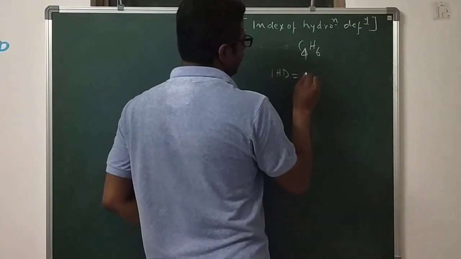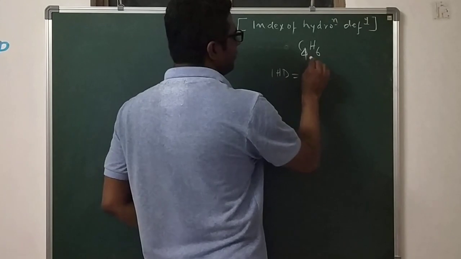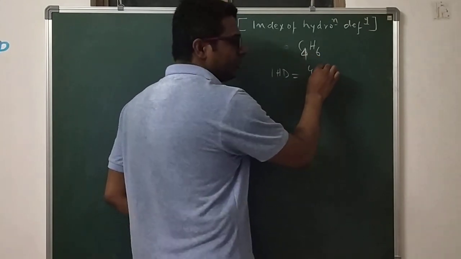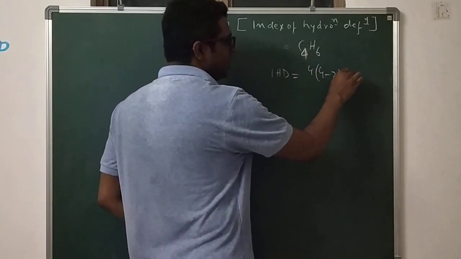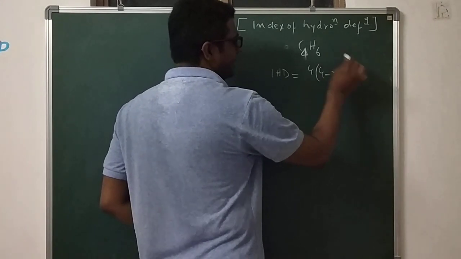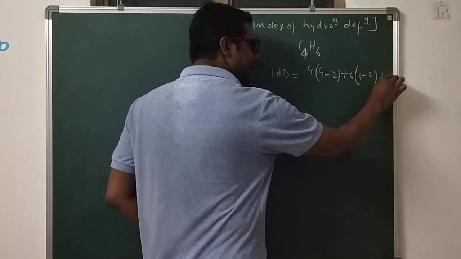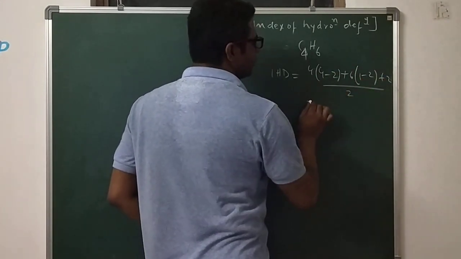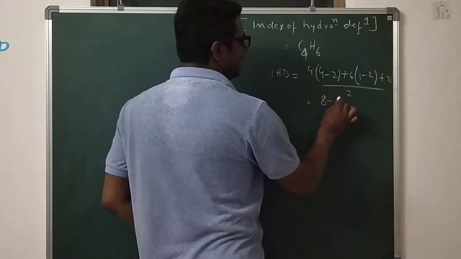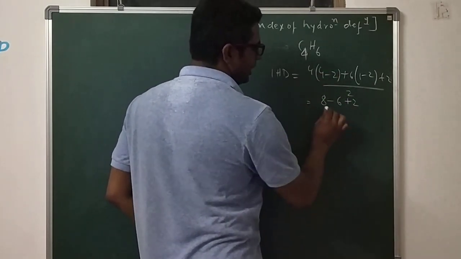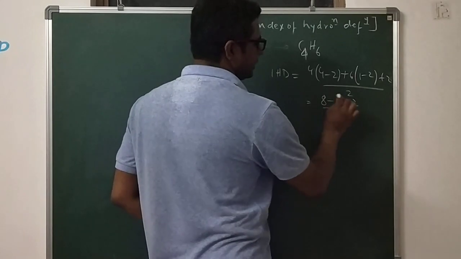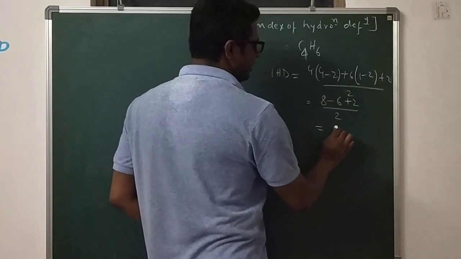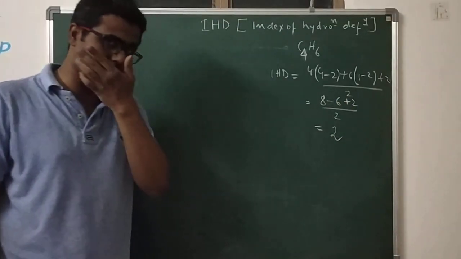What is the IHD value coming? 4 atoms of carbon into what is the valency, 4 minus 2, plus 6 atoms of hydrogen, 1 minus 2, plus 2, divided by 2. So 4 2s are 8 minus 6 plus 2. Okay, so 8 plus 2, 10 minus 6, that is 4 by 2. IHD value is 2.